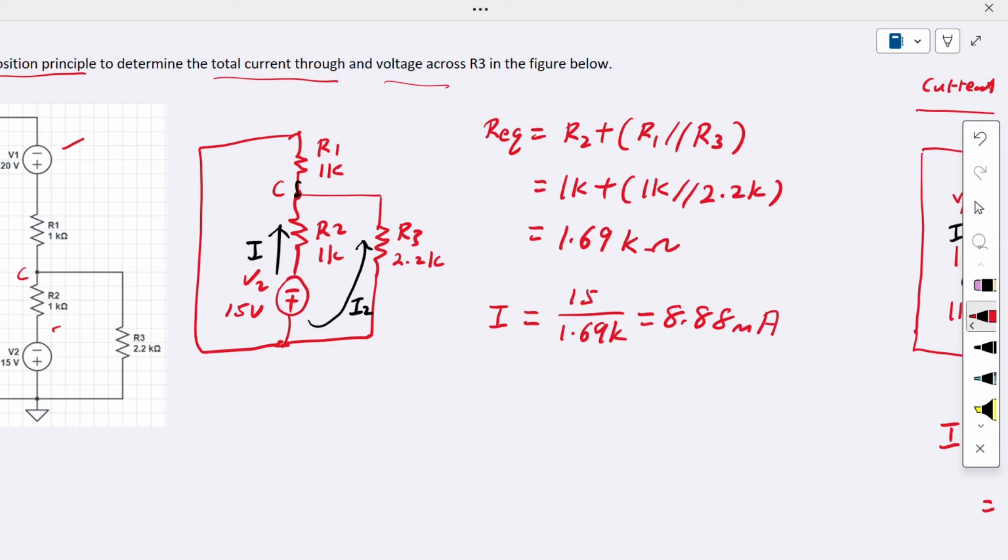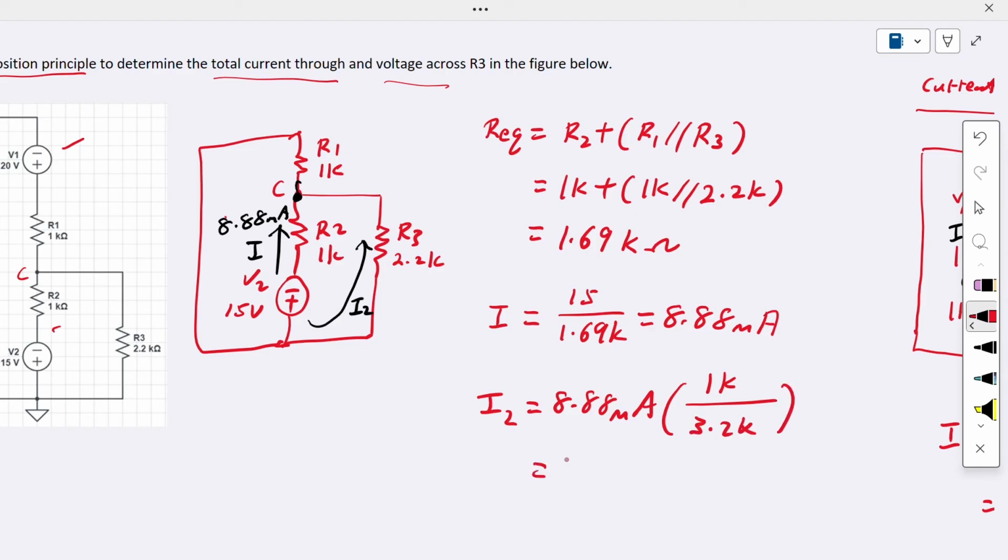So after you get the 8.88 milliampere, we know that this I here is 8.88 milliampere. It goes to this junction and splits into two. You can use the current divider to find I2. I2 is equal to 8.88 milliampere, split into two, so here is 1K divided by 1K plus 2.2K, which is 3.2K.